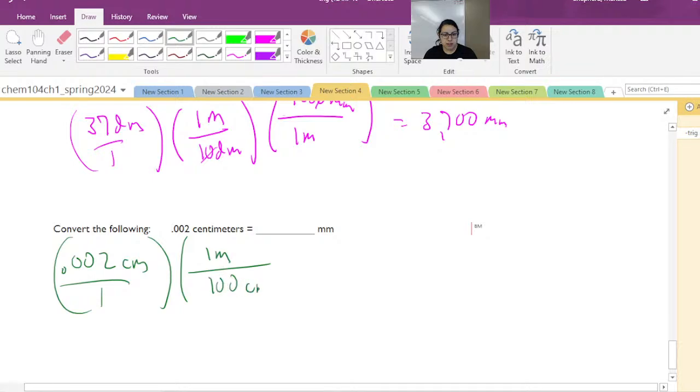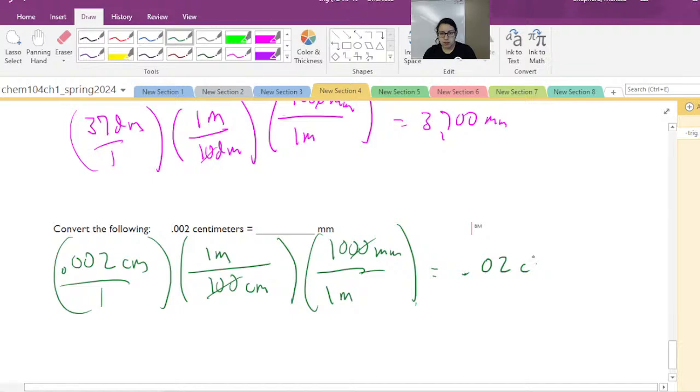There's 100 centimeters in a meter. And then now we can go from meters to millimeters. So 1 meter is 1,000 millimeters. So that's one way to do it. And so the math works out, zeros cancel, so times 10, so 0.02, oops, millimeters, sorry.